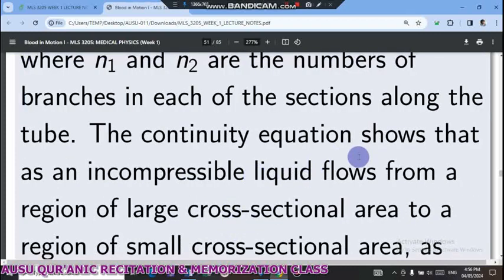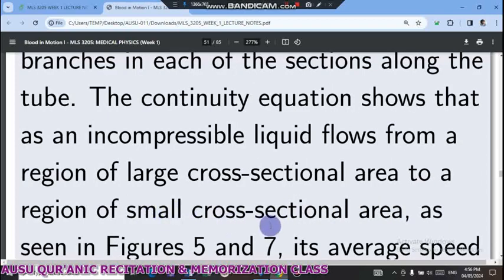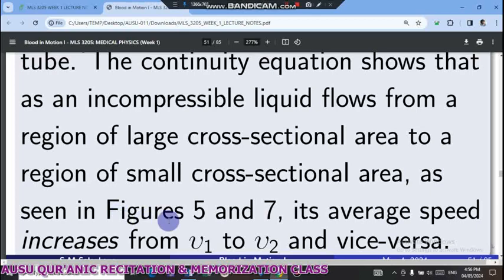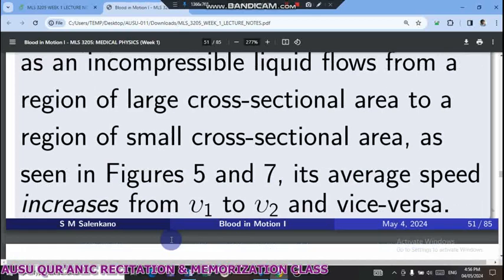The continuity equation shows that as an incompressible liquid flows from a region of large cross-sectional area to a region of small cross-sectional area, as seen in figures 5 and 7, its average speed increases.